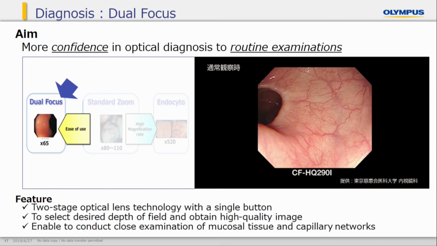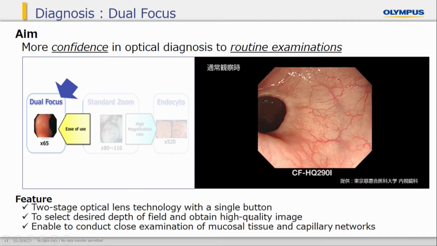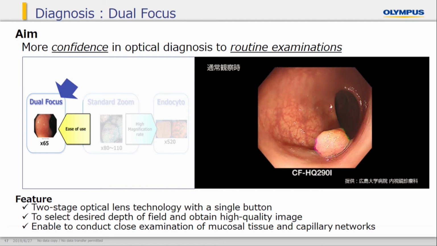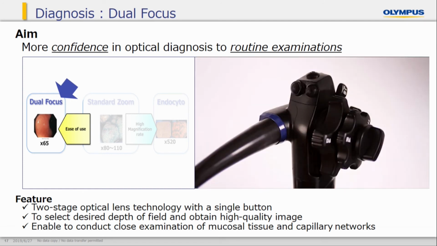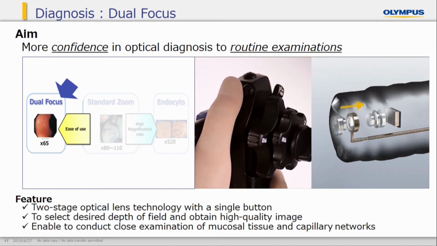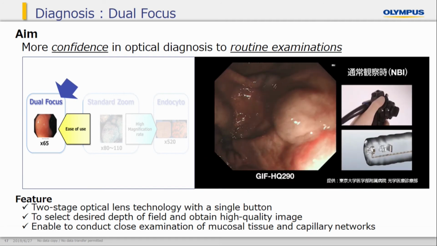About dual focus, the aim is to give more confidence in optical diagnosis in your routine examination. The feature of dual focus is a two-stage optical lens technology with a single button, so the endoscopist can easily push the button to change from normal to zoom, select the desired depth of field and obtain a high-quality image.